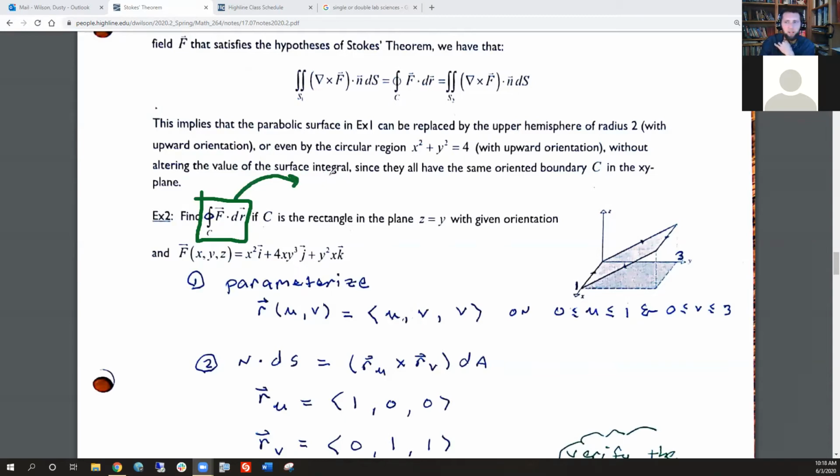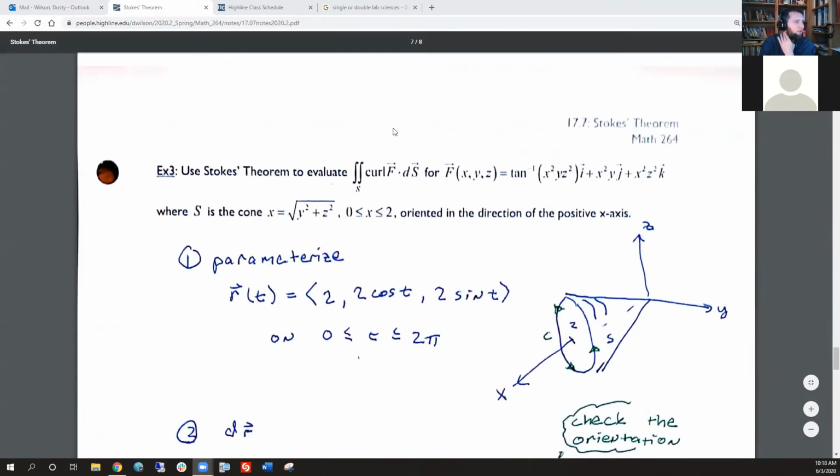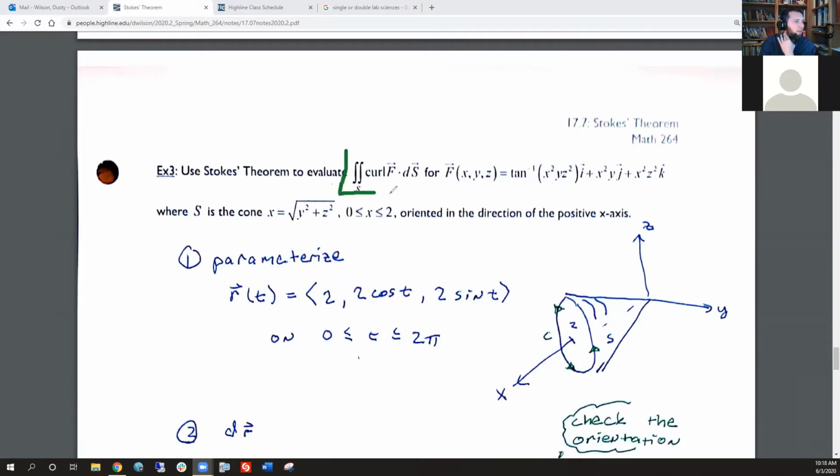Not a triple, but a surface integral. So we're going to turn this thing into a surface integral. Okay. And then in example 3, we're going to start with a surface integral, and we're in the section on Stokes theorem.